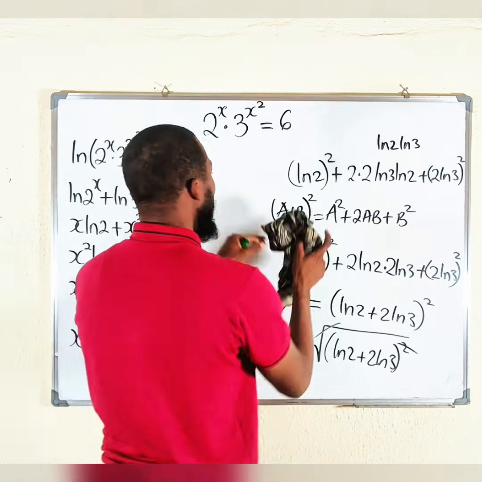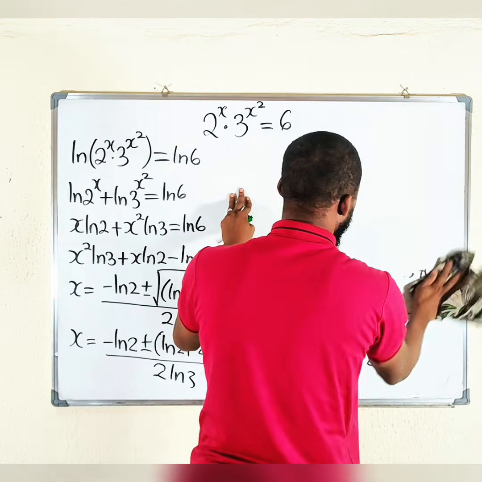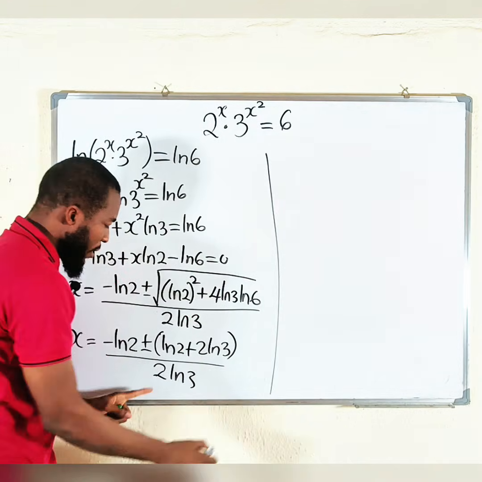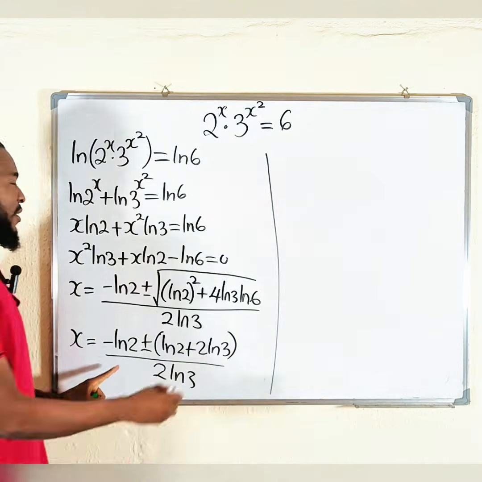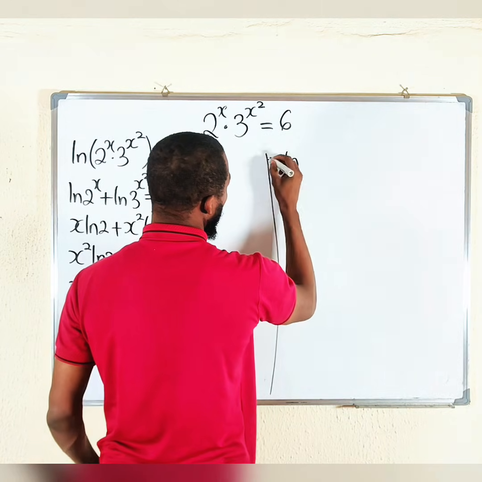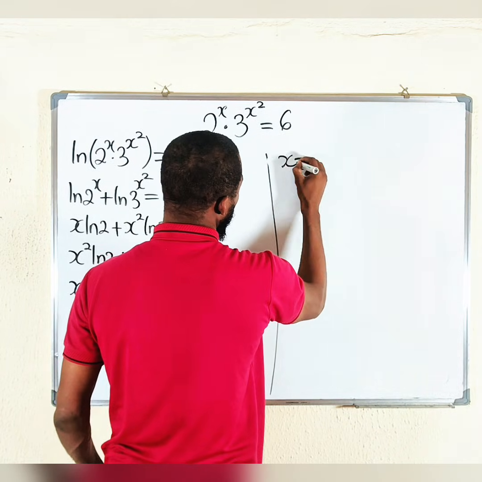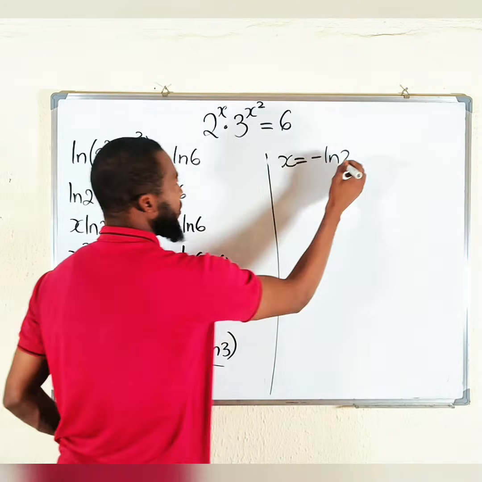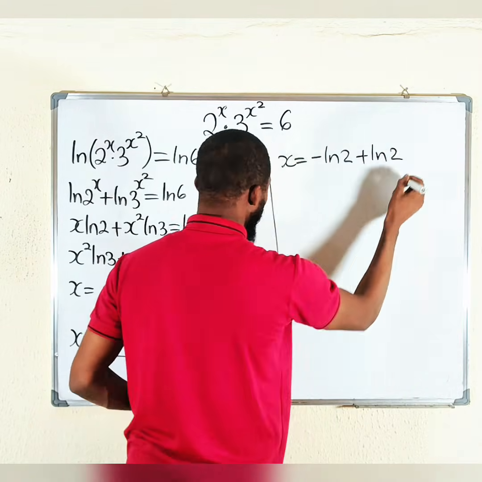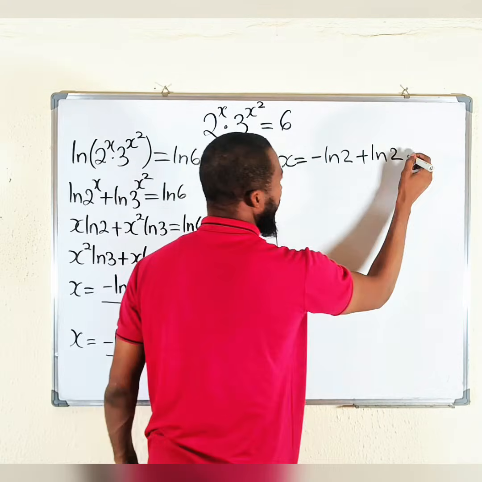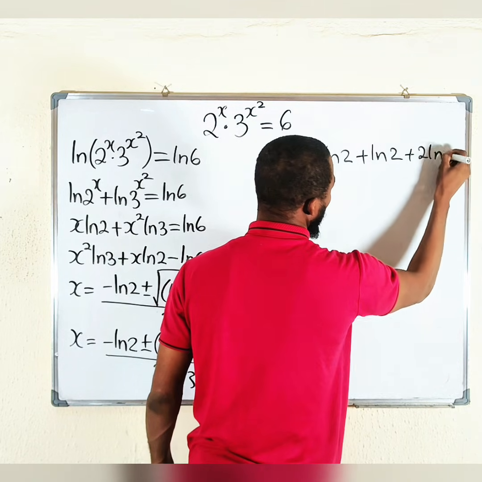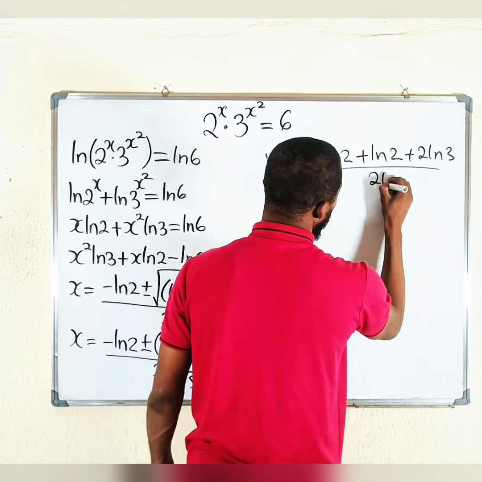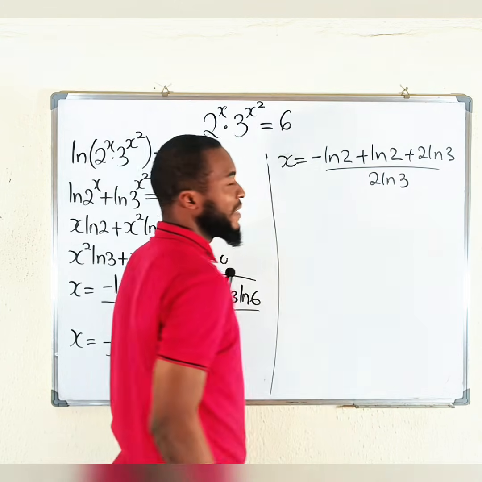So since we have two values of x, let me show you how you can find them. Let's use plus first. So it is going to be natural log of x equal to negative natural log of 2 plus natural log of 2 plus 2 times natural log of 3, divide by 2 times natural log of 3.